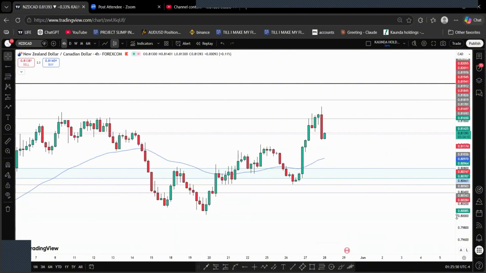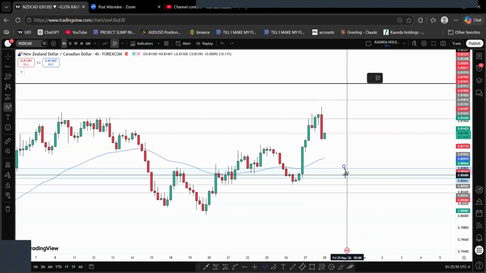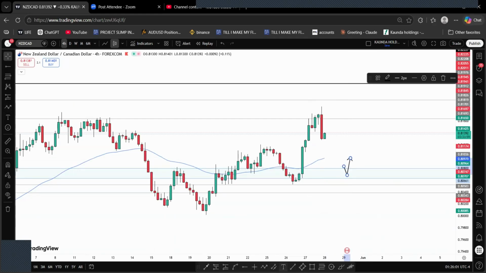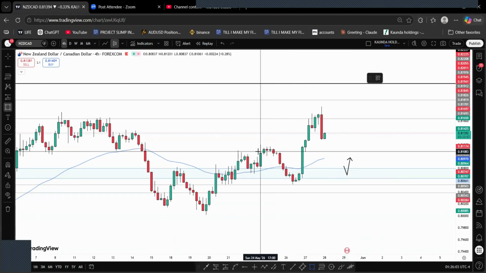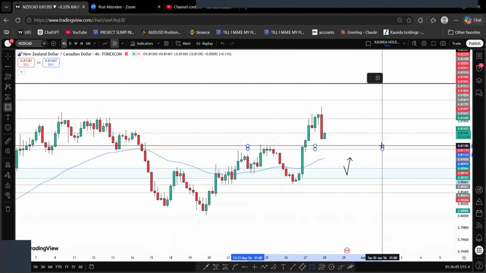But the good part is now you can see we're having this sort of retest. So all I'm just waiting for is for price to come back at this point. Then I can try to initiate a buy.